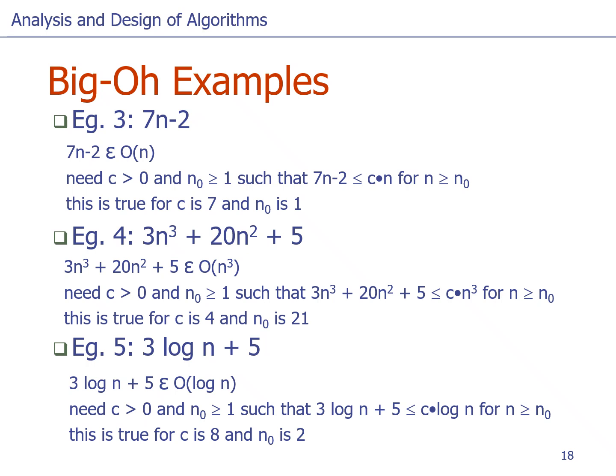The second example, or example 4, 3n cubed plus 20n squared plus 5. So intuitively we know this is in O of n cubed, but let's actually try to prove it.